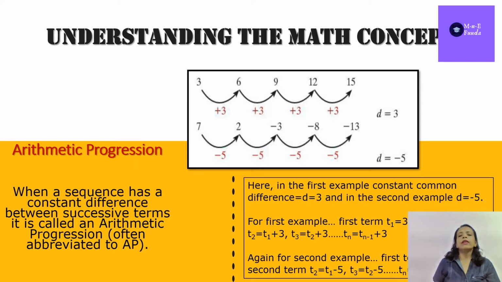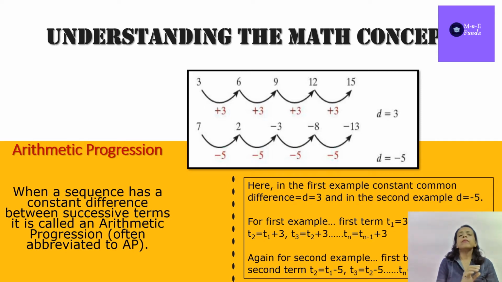Let's take another example. For the second example, first term is 7, second term is 2, third term is minus 3, fourth term is minus 8, fifth term is minus 13, like this.